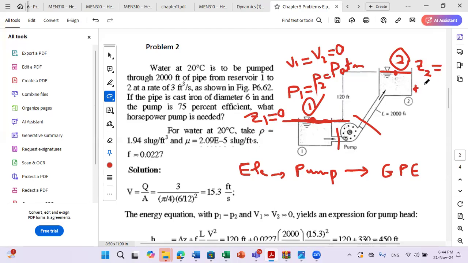You just need to pay attention to units, okay? If you work in SI, you just have to take pressures in Pascal, V in meter per second, Z in meter, and your power in watt.